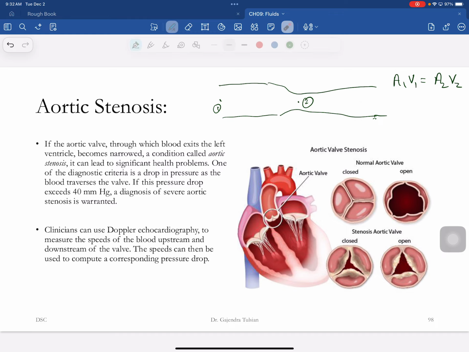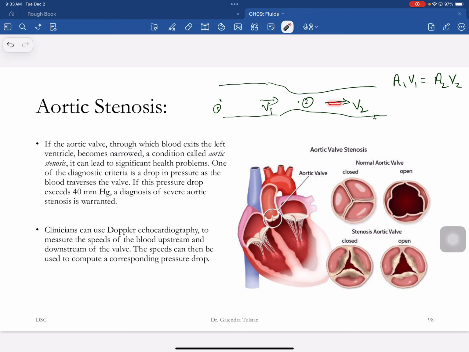So doctors measure the speed of the blood here and here. If this blood is flowing too fast, that means this valve has narrowed. That's how they know about disease, how they can tell if the valve has gone bad.